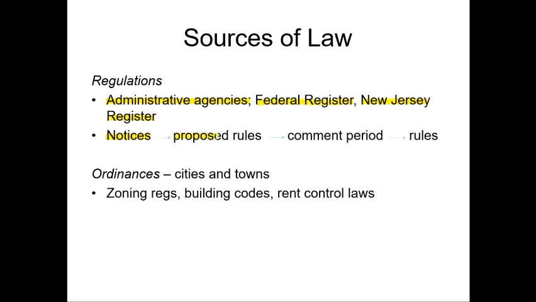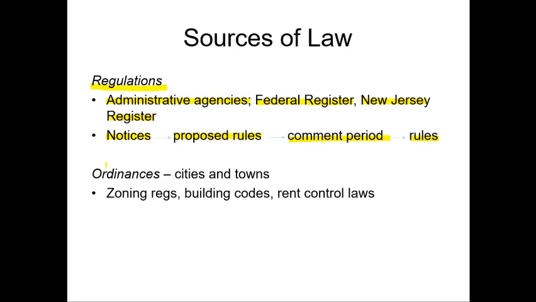And then eventually you'll come out with some proposed rules, and there will be a comment period on those rules where people, particularly people who are paying close attention to the proposed rule as it might affect their livelihood, get to make comments. The administrative agency has to respond to those comments and use them as a formative period in order to establish the final rules that we have to abide by. So those all fall under the process or the title of regulations, both at the federal and state level.